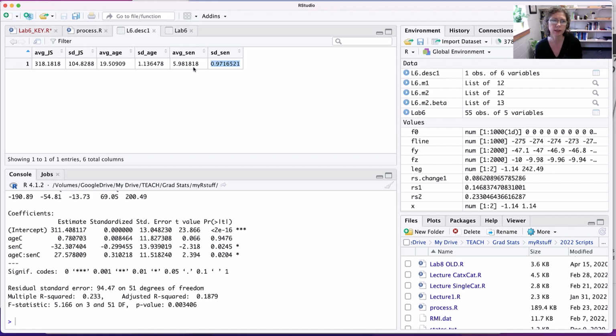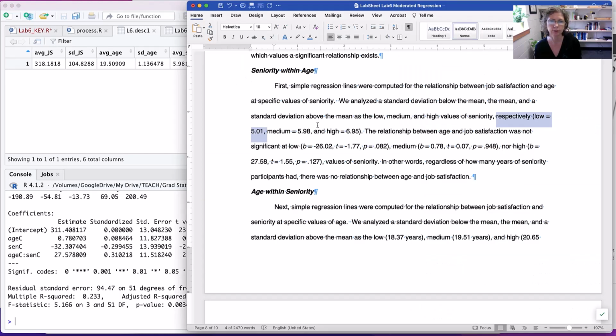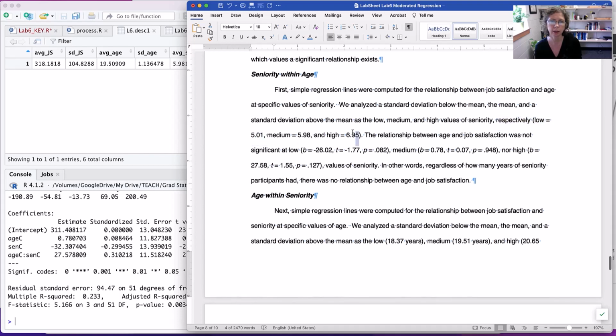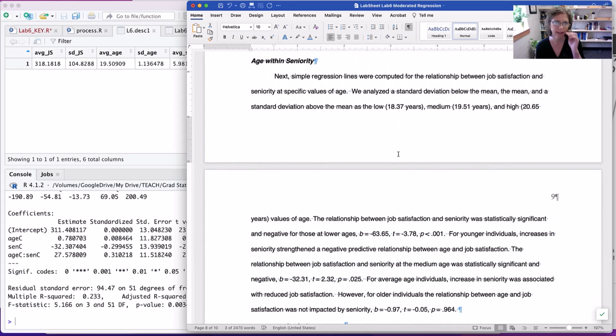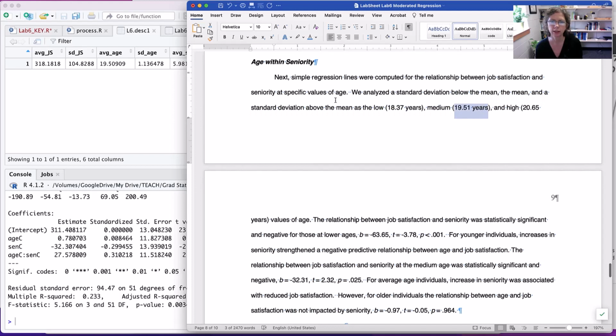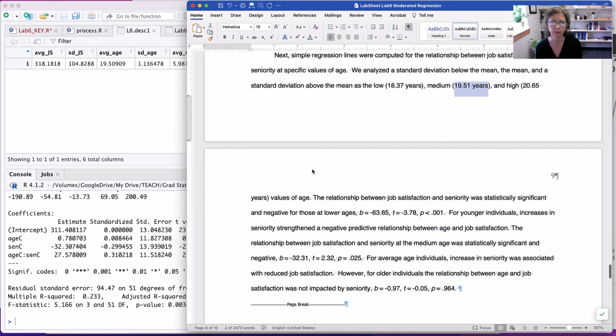So all I did was take the 598 minus the 0.971, and that's how I got those numbers of what would be low seniority. What would be high seniority is just adding the value of the standard deviation for seniority to the mean. And then the same when you go to write up age. Average age, and then 1 standard deviation below and 1 standard deviation above.